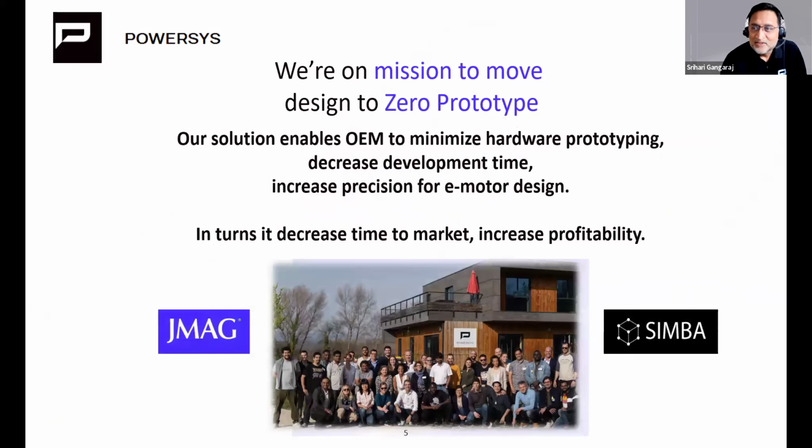Next slide. So we are on a mission to have zero prototypes. We are focused on simulation and optimization of electric drive systems. We have been working with automotive OEMs and suppliers to cut development time and improve design accuracy. Our core strength lies in electromagnetic simulation, thermal modeling, and electromagnetic optimization. Now we are bringing the electrical simulation together with the motor simulation, and that's what we're going to be showing today. Next slide, please.